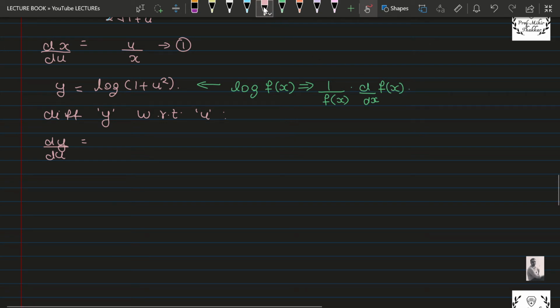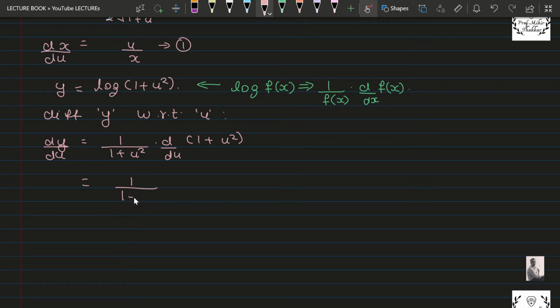So this over here becomes 1 upon 1 plus u square multiplied by derivative of 1 plus u square. So now this 1 upon 1 plus u square is outside the derivative sign.